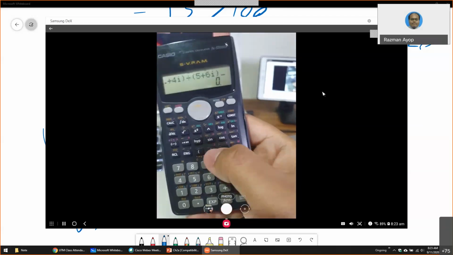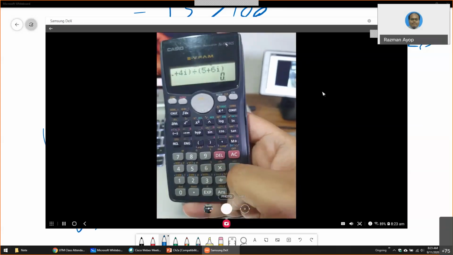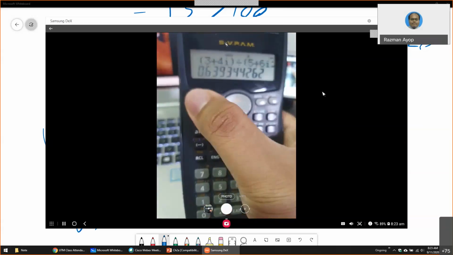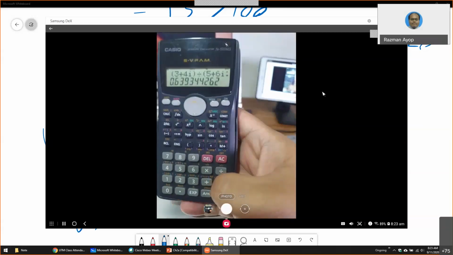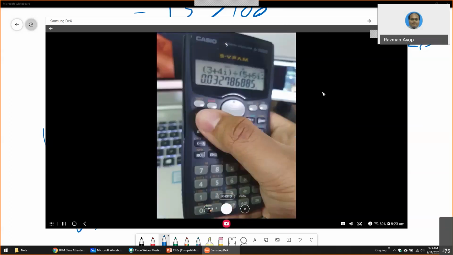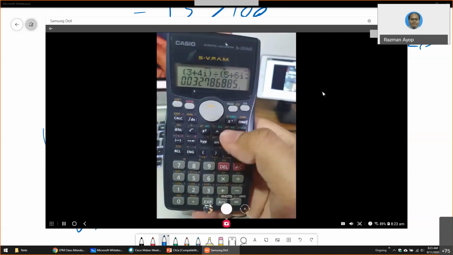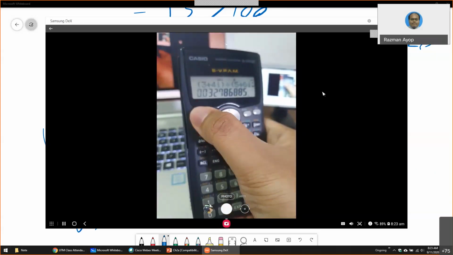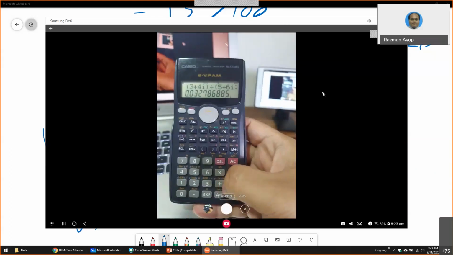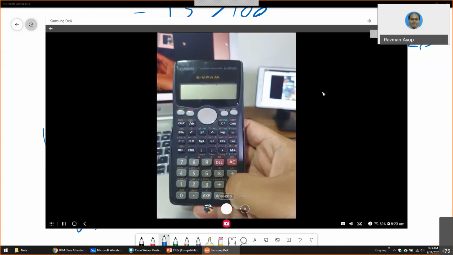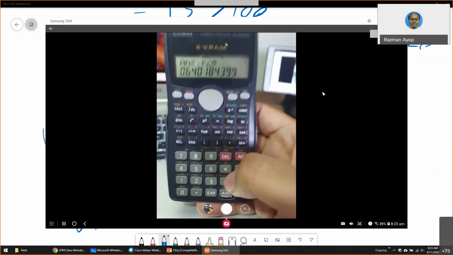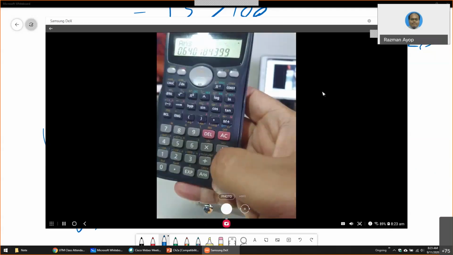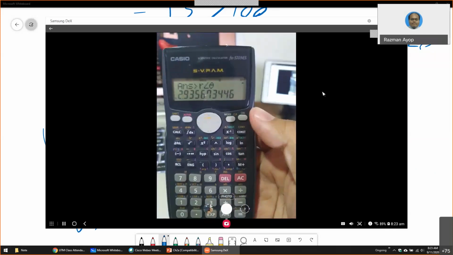Don't forget the brackets. Then equals, and you automatically get the answer. This is the real, this is the imaginary, Shift equals. If you want to get the answer in complex polar form, just press Shift plus, then equals. So you get the R, and then you press Shift equals, you get the angle.